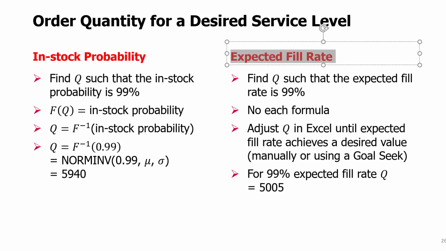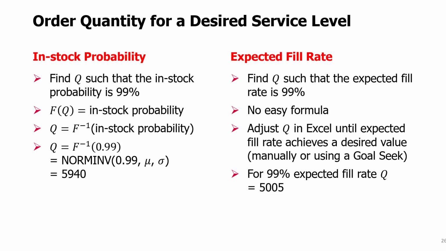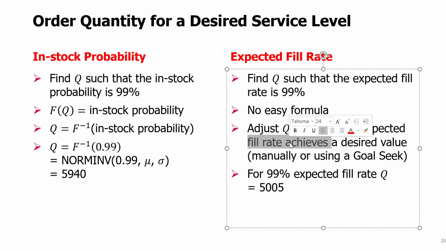Now, if we want to satisfy an expected fill rate, for example, if we want to find the quantity such that the expected fill rate this time is 99%, there is no easy formula, unfortunately, so we can't just do a calculation like this. The best way is to use Excel and adjust the quantity until the fill rate that is calculated using our fill rate formula presented earlier achieves the desired value.